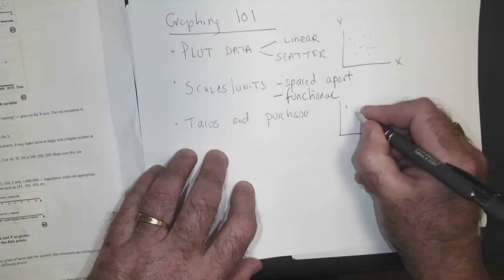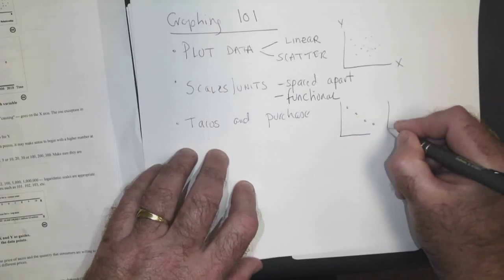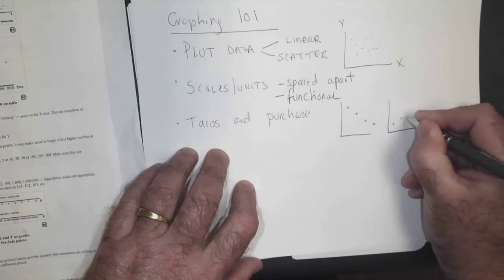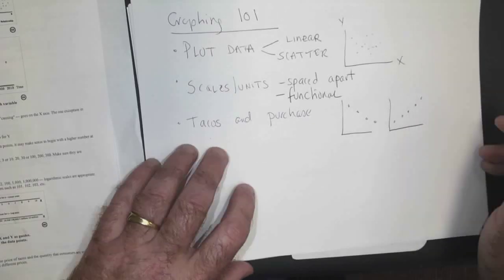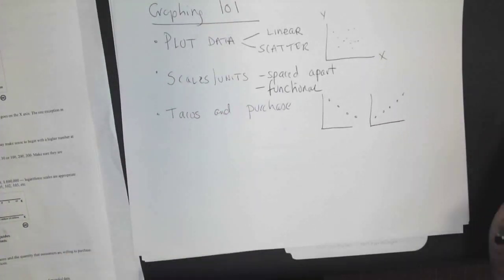Or sometimes the numbers could just scatter in a nice, neat, orderly way. And even in that case, we would find that it would make life a lot easier.